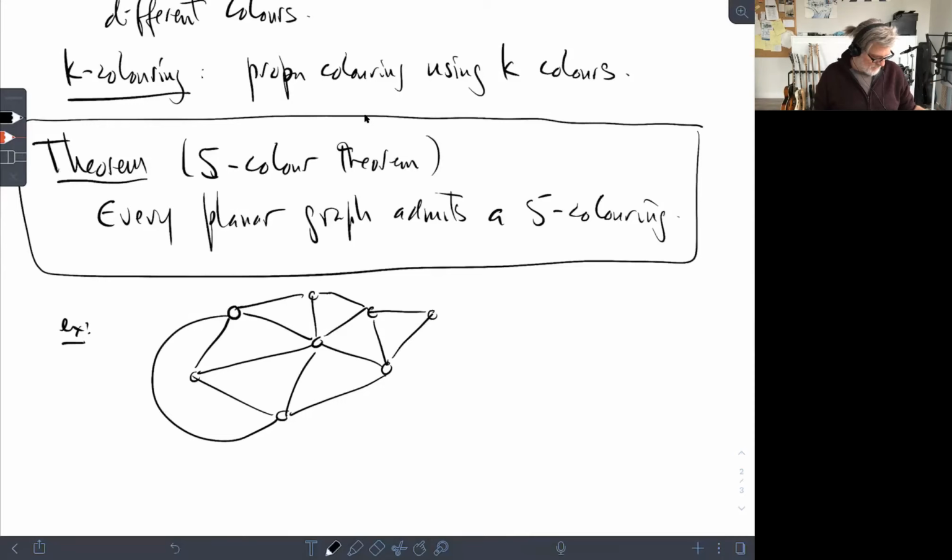So let's see if I can do this with 5 colors. If I can do it with less, I should be able to do it with 4, right? So let's see, I'll give this color here 1. Maybe I can use 2 here. I'll have to use 3 here. I'll have to use, let's say, 3 here. This will be forced to 4, right? It's adjacent to 1, 2, 3. I can use 2 here. Maybe it'd be better to use 3, actually.